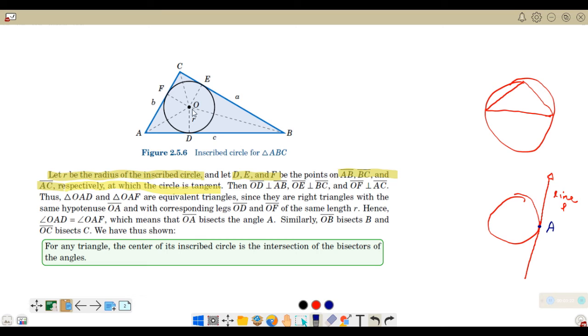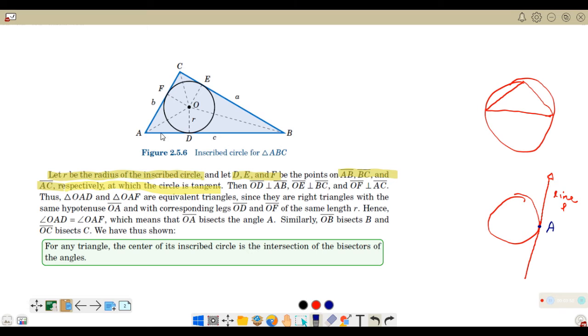Now, we have another property for our line segments OD, OF, and OE. Aside from being tangent to the circle, they are also perpendicular to the sides A, B, and C. So, this is OD.